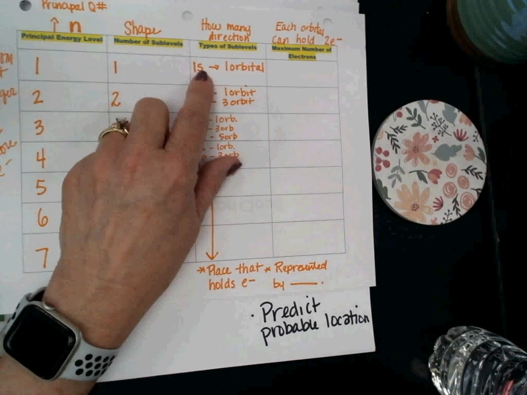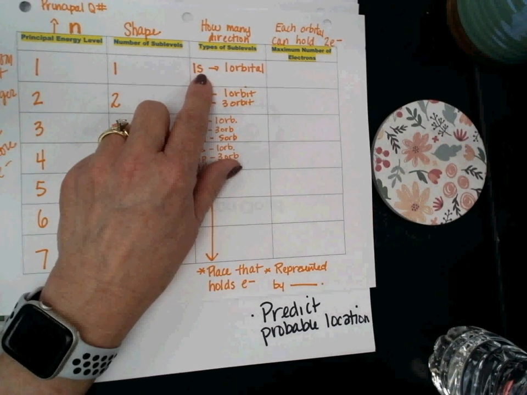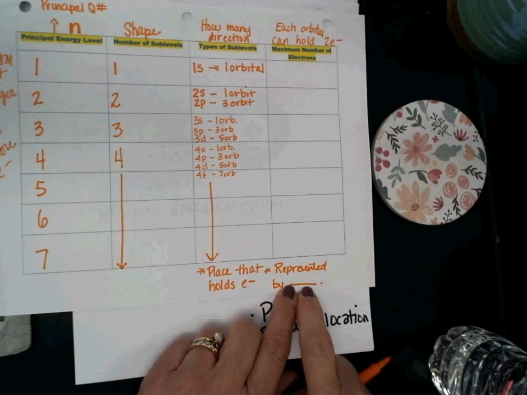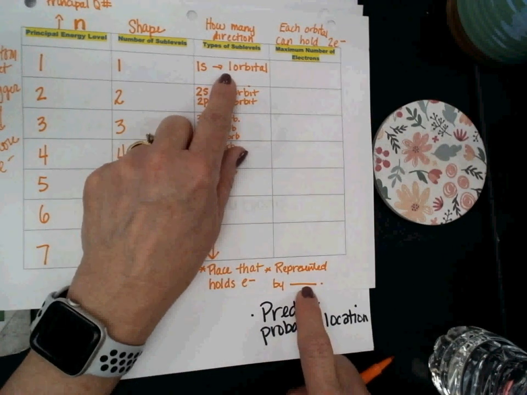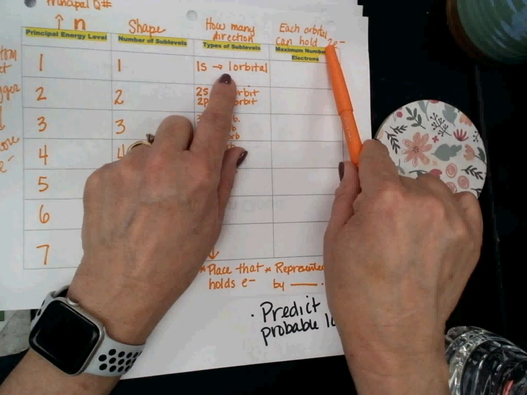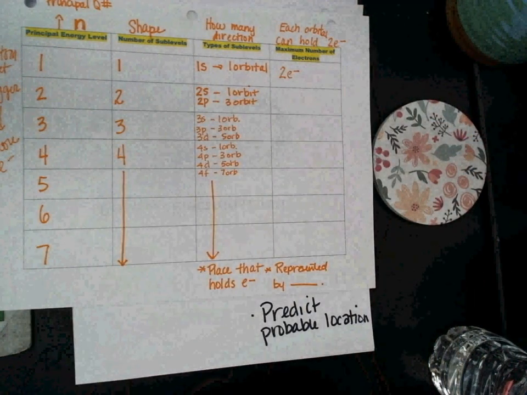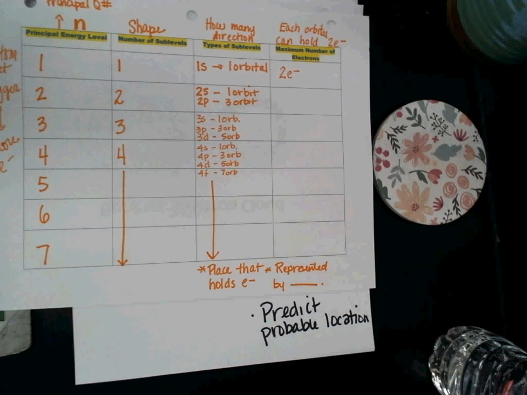So if I look at the first energy level, I only have 1 orbital. If I only have 1 orbital, I only have 1 place to put electrons. How many electrons can each orbital hold? 2, which means my first energy level can only ever hold 2 electrons.